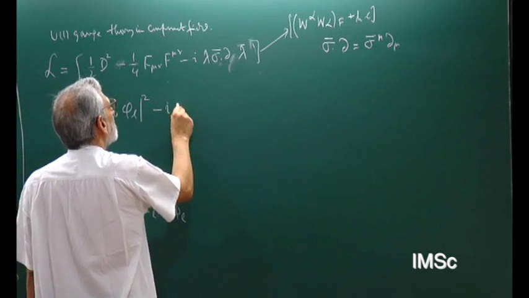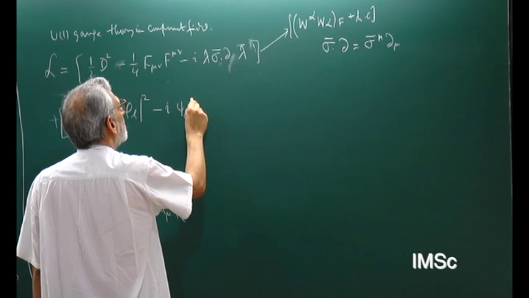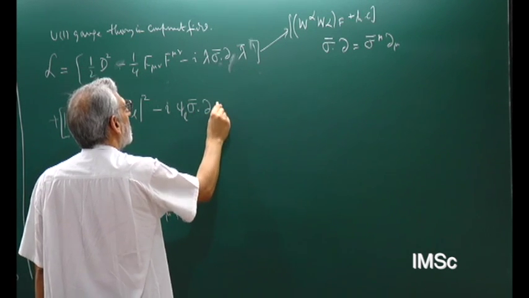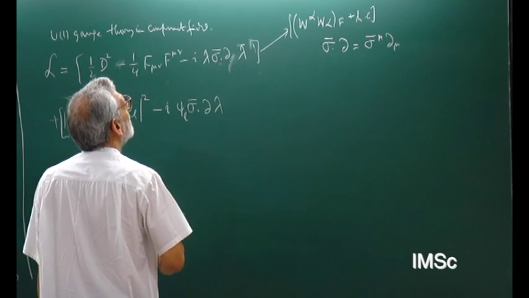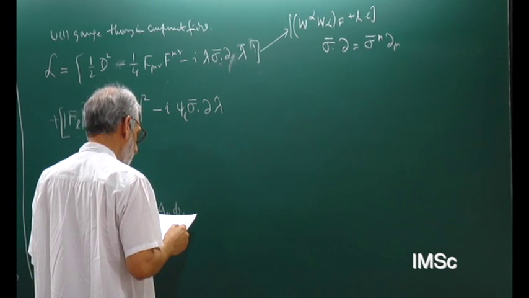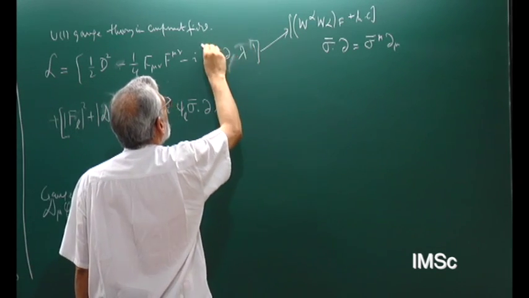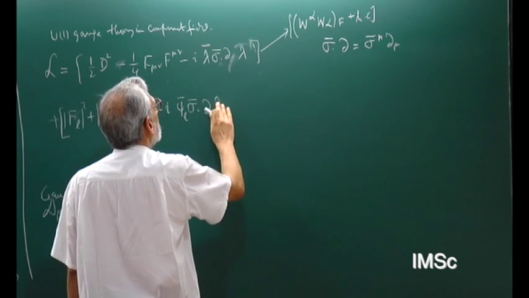Plus minus i psi_L bar sigma bar d. No, I think I have the bars wrong, right? This bar should be on this, and this should be here.